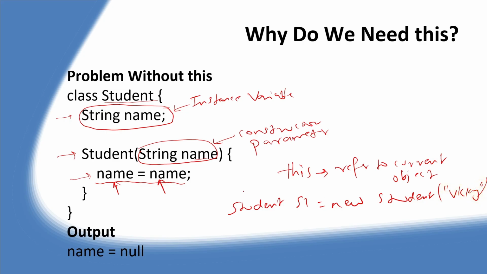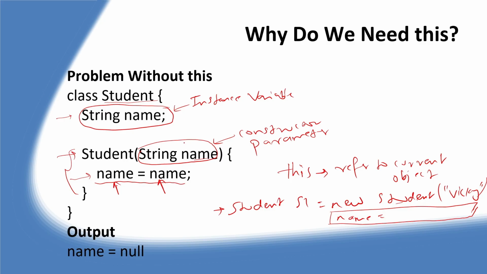When this statement is executed, the object will be created in the heap memory, and during object creation this object will have the instance variable name. This statement will execute the parameterized constructor in the Student class, so this will get executed.